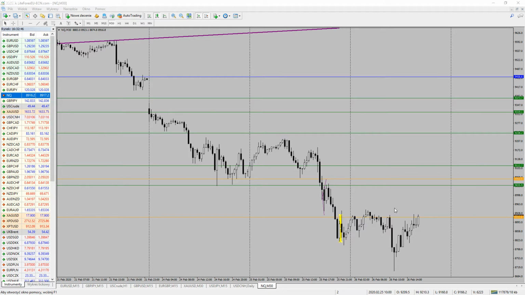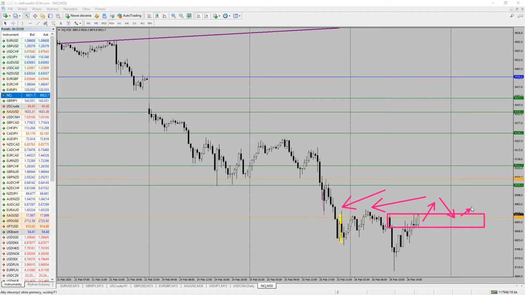So what I'm going to look for, all right, this zone. If we are going to break that zone, right? Let's say we are going to make this type of move, meaning that we are going to take out this high, we are going to take out this high, right?